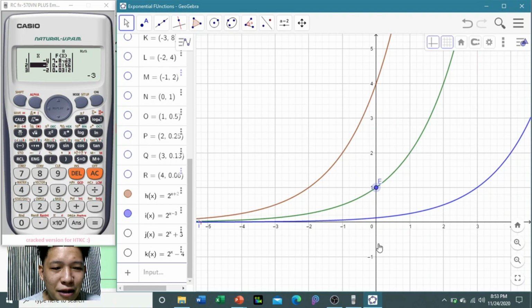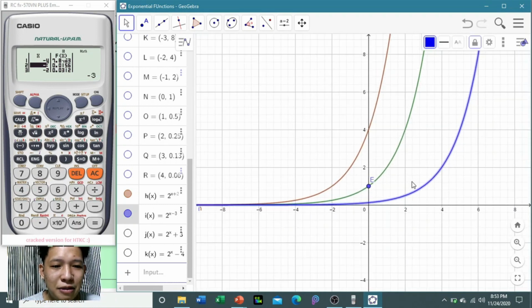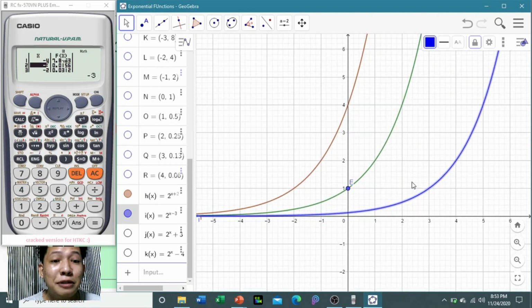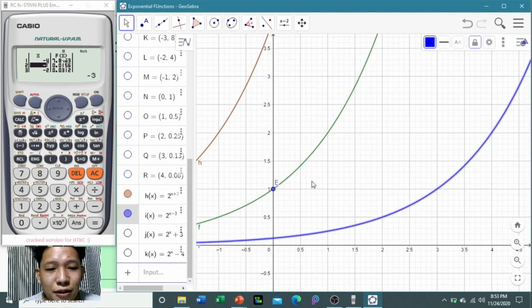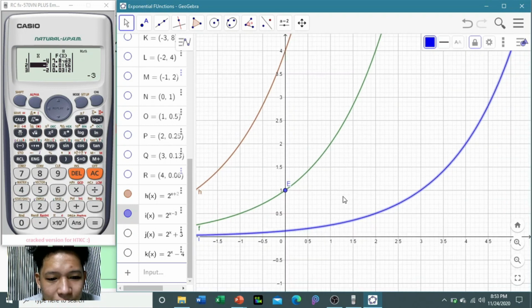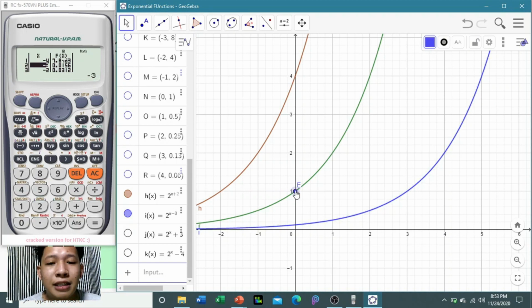So, ano naman po ang napansin natin dito sa blue line? So, kung mapapansin po ninyo, nag-move naman po siya to the right of our original function. So, kung papansinin po natin itong y-intercept natin sa original function natin, nag-move naman siya ng 3 units to the right of the original function.